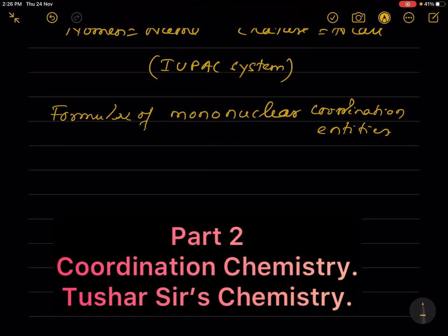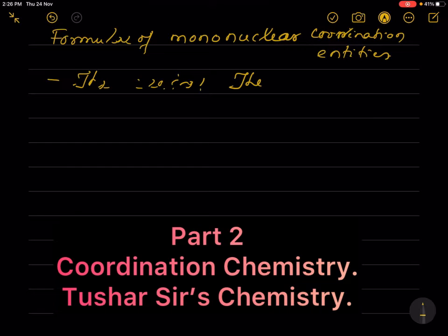Mononuclear coordination entities contain a single central metal atom or ion. The following rules will be applied while writing the formulae. The central atom or ion is written first.